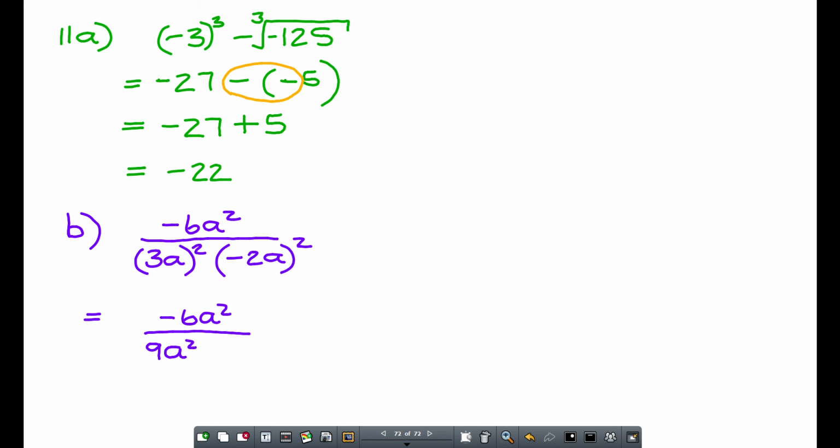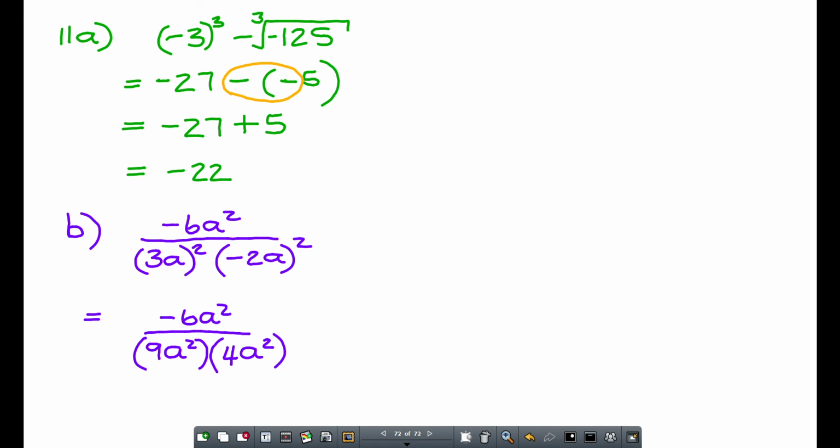Now, I can't just leave it like that. Because I have to multiply that with the next answer as well, I'm going to keep it in brackets for now. Okay. Right, then over here, that to the power of 2 applies to the minus 2 and to the a. So minus 2 times minus 2 gives me positive 4, and then a squared.